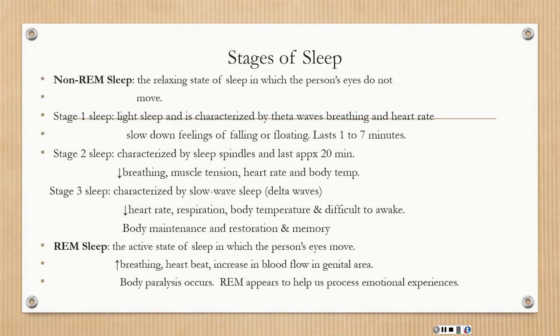It's also important for you to recall that we typically have maybe 4 to 5 cycles of sleep. Each cycle lasts approximately 90 minutes. So what we're going to do is talk about the stages of sleep as we're entering into our first cycle of sleep.